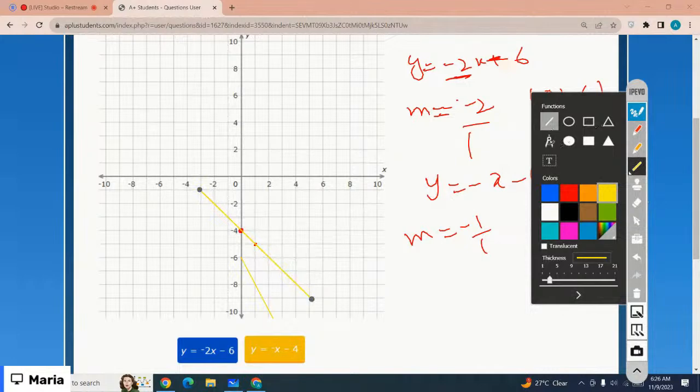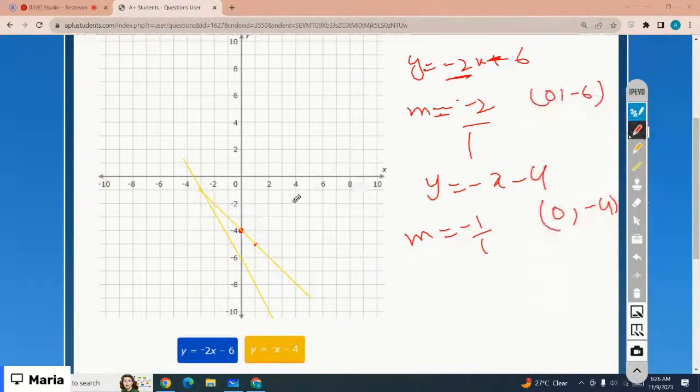Okay, that is the line, right? So this is the point of intersection of these two lines, right? This is the point of intersection.